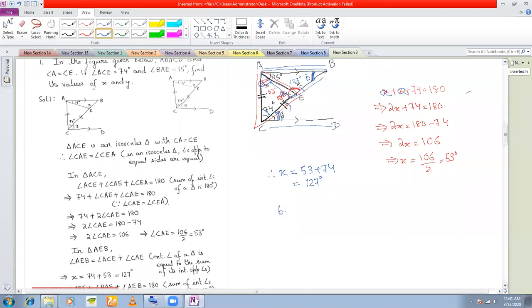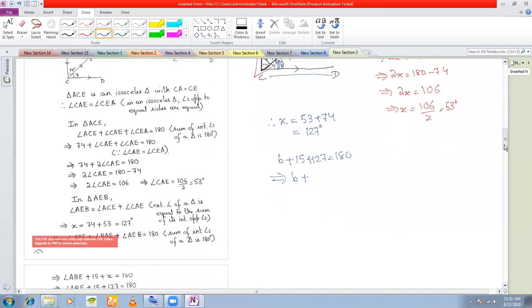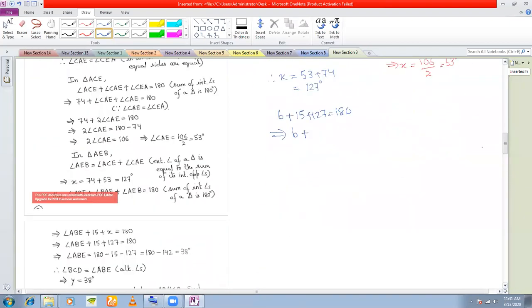So in this triangle, we have B plus 15 plus 127 is equal to 180. That means B plus 142 is equal to 180.